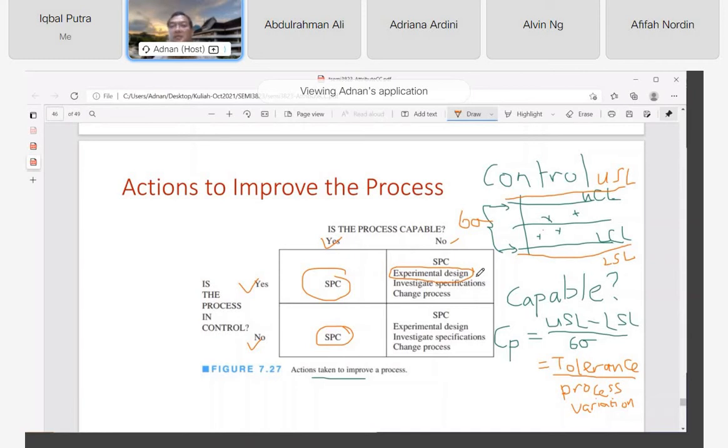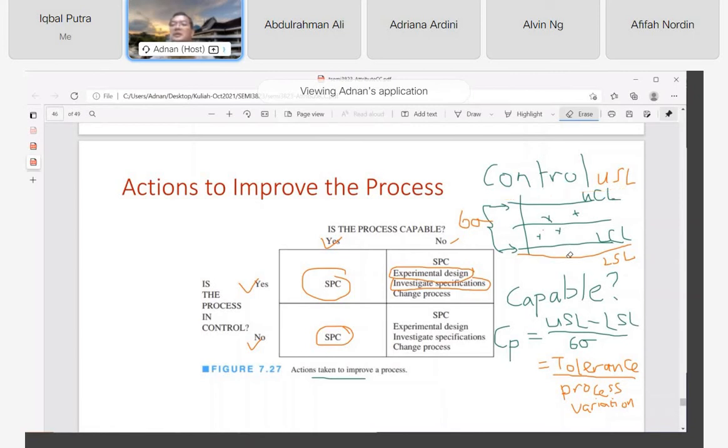Maybe the setting that you have chosen is not correct, so you use design of experiment to identify the right values for the process. You may also investigate the specification, because the specification may not be possible within the capability that you have.